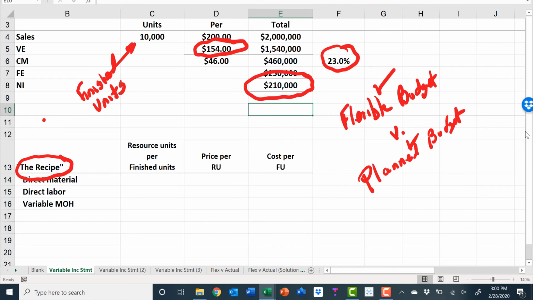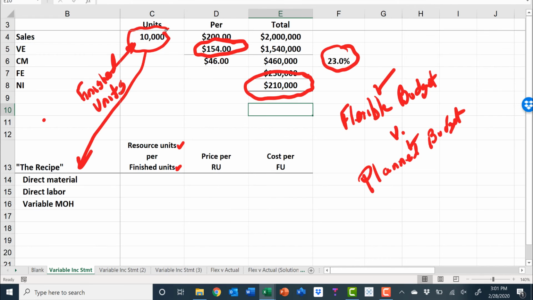Here I've got things that I need to make these 10,000 units. And those things include the direct material, the direct labor, and the variable overhead. Okay? Remember, these are all variable expenses. And so you got to be a little careful here about the difference between the resources and the finished units. So those are going to be two things we'll talk about here in just a second.